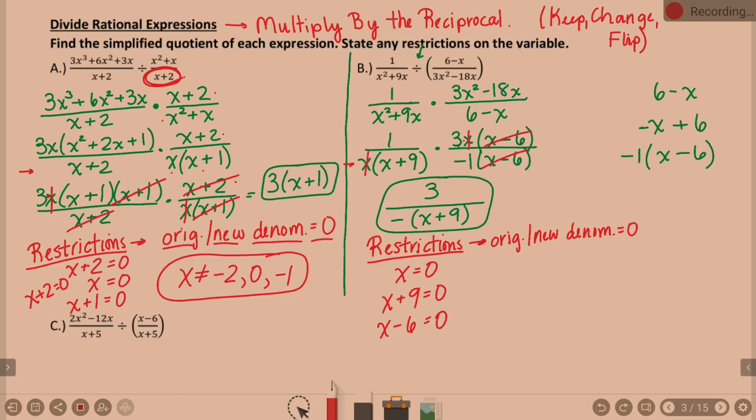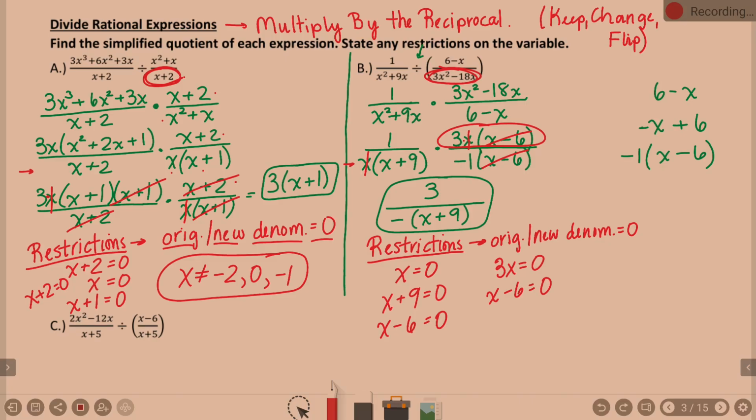What was originally in the denominator that got flipped? 3x squared minus 18x was originally in the denominator and got flipped, yes? What did that 3x squared minus 18x become? It became that right there when it got factored, yes? So the other pieces technically would be setting 3x equal to 0 and x minus 6 equal to 0.